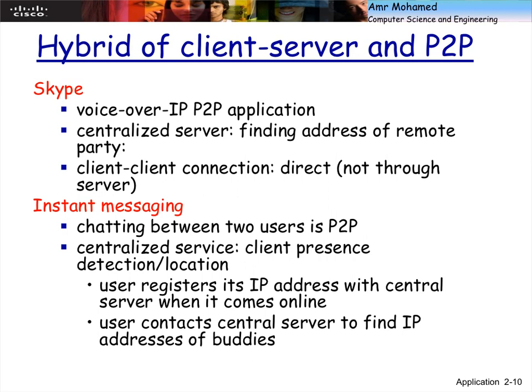It only maintains the state of the peers that are currently available and what type of content each peer has. Then, if I need a specific service from a certain peer, I go to the directory server, get the information about this peer, and then I communicate directly with the peer, peer-to-peer, to fetch the content or to get the service. Skype does that, instant messaging does that.